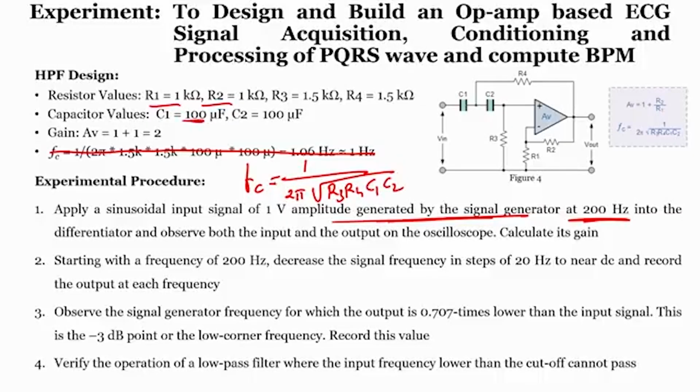Now, C1 equals C2 and R3 equals R4, so we can consider the equation as 1 by 2 pi under root of R square C square, or 1 by 2 pi RC. This is how you calculate it, which is close to 1 hertz.